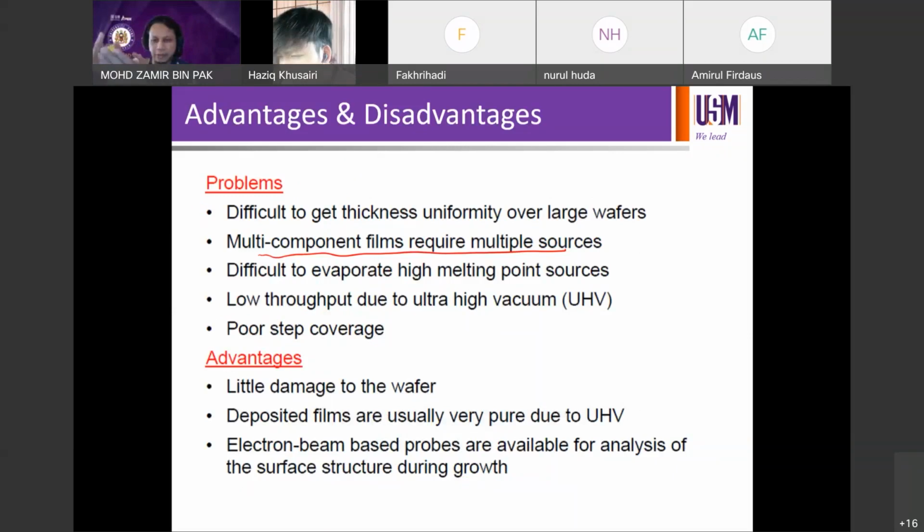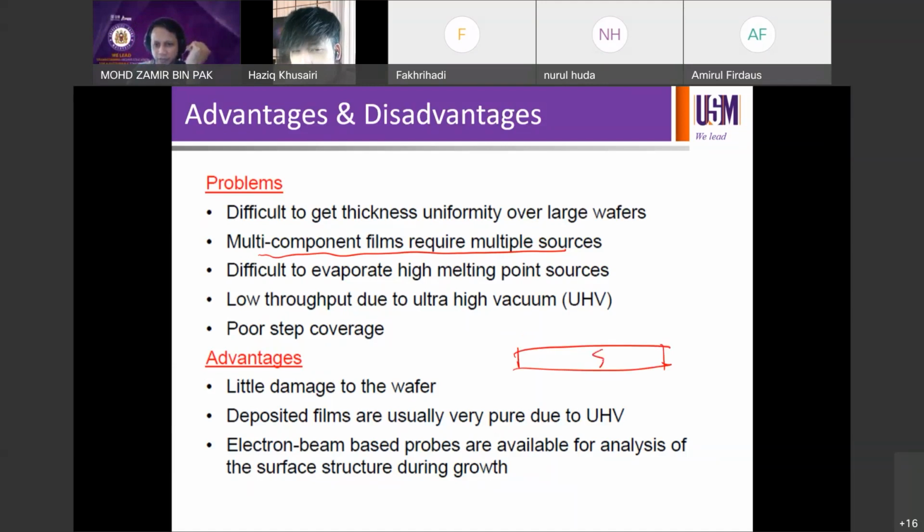If you put aluminium and silicon in one boat and evaporate them together, will you be able to get uniform film stoichiometry? Stoichiometry means the fraction of Al and silicon in the binary compound, AlSi, in this case, is uniform. Is it easy to get uniformity in the deposited material?